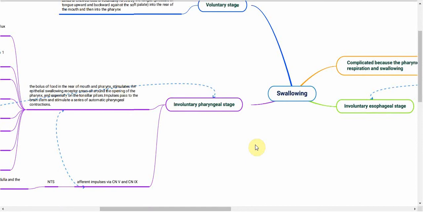So that bolus of food basically strikes against those epithelial swallowing receptor areas that are found around the pharyngeal opening and are most abundant on the tonsillar pillars. Again, I'll be showing you a diagrammatic representation of this.